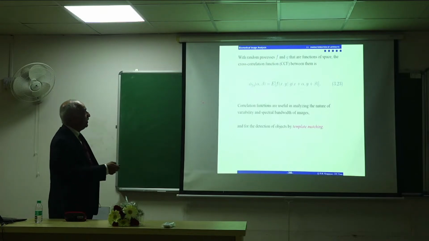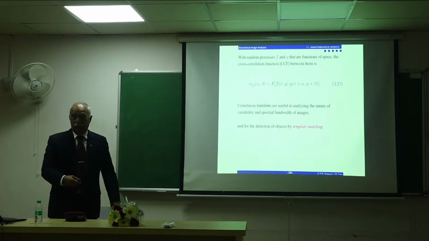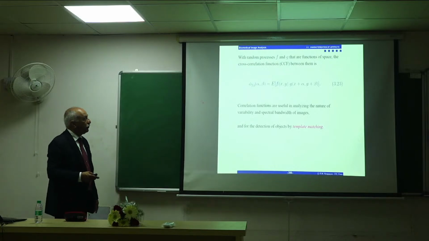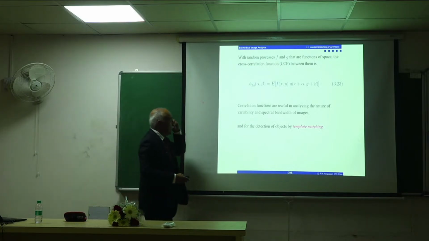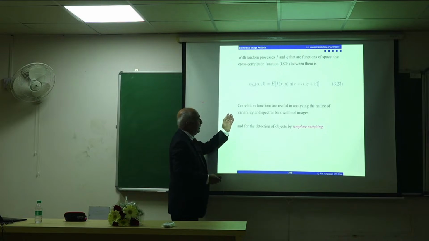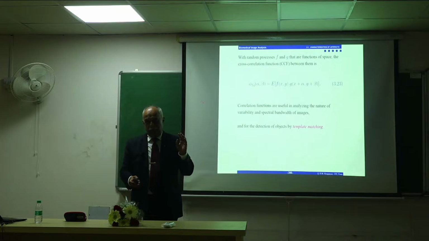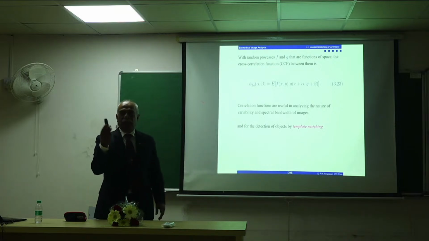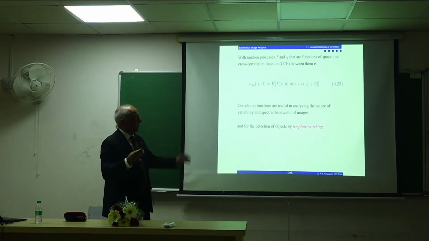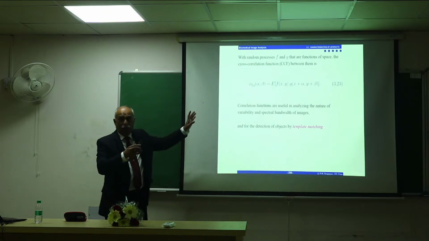The cross-correlation function is the expectation of f(x,y) with g(x plus alpha, y plus beta). So you apply a shift to one of them. So this facilitates analyzing the nature of variability and also template matching. I have a template of something I want to detect, and I expect it to be present in the image, but I don't know where it is.